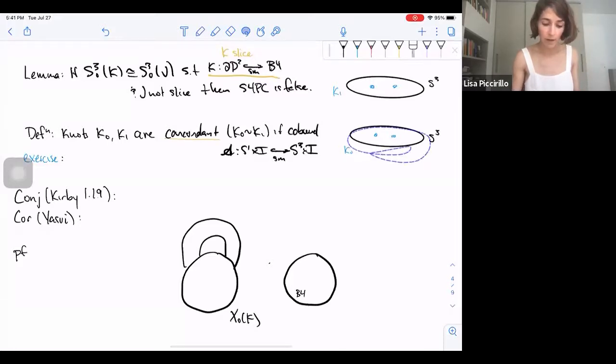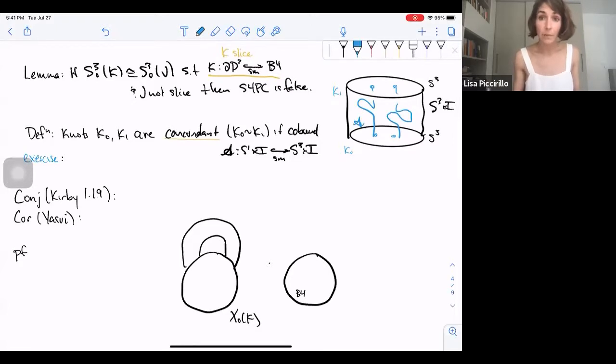We're comparing a knot K0 and a knot K1. They both live in S3. To compare them, we'll think about the sort of boring 4-manifold S3 times I. And then we'll say that they're concordant if they co-bound an annulus. And maybe a comment: S3 times I doesn't have any H1.